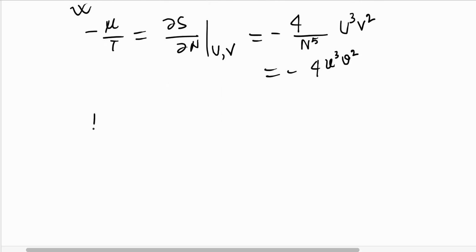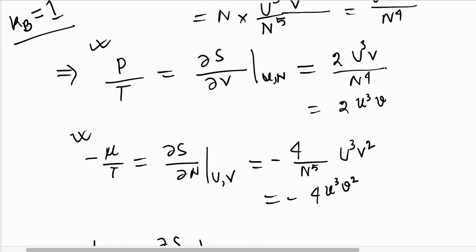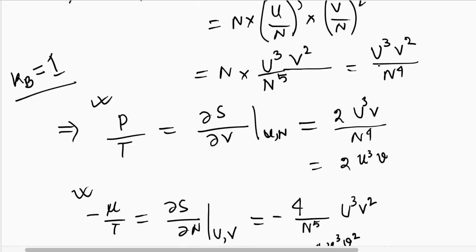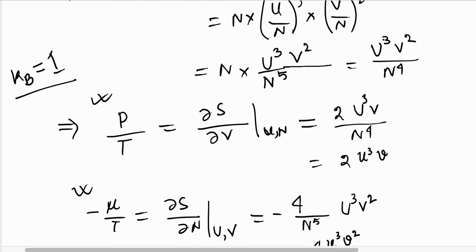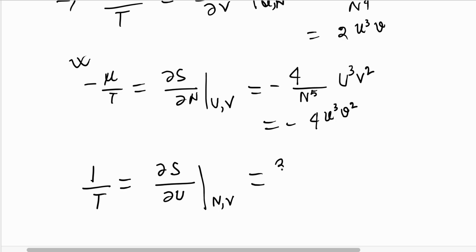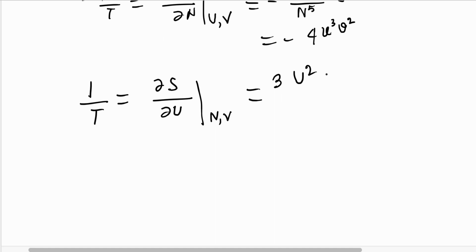And the last equation is 1 by T is equal to del S by del U, keeping N and V constant. If I take the derivative with respect to U, it becomes 3 U square V square by N to the power 4, that is 3 small u square small v square.